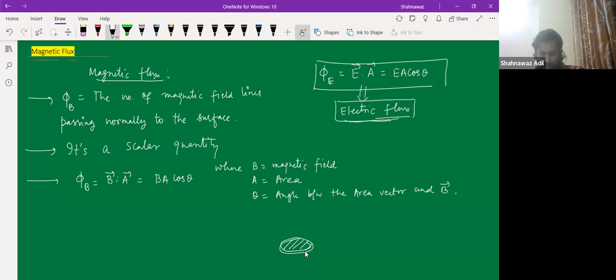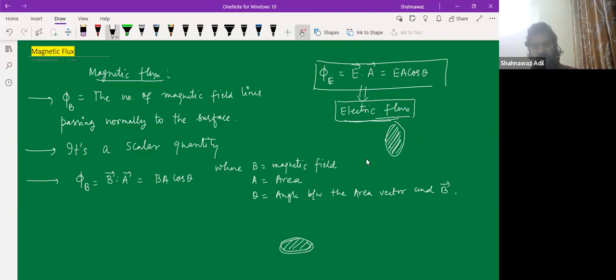Okay, so let's say you have this thing. The area is this portion, right?